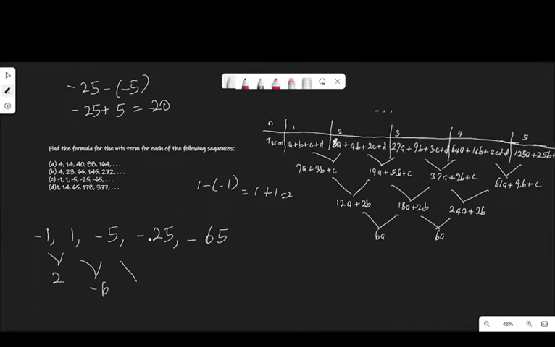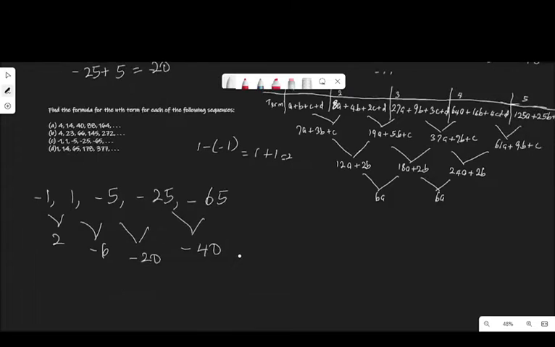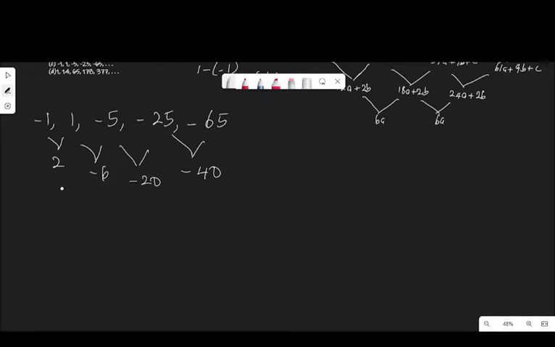The difference here is minus 20. Okay, here I have minus 65 minus minus 25. That is minus 65 plus 25, which is minus 40. So here the difference is minus 40. That is that for the first order difference.